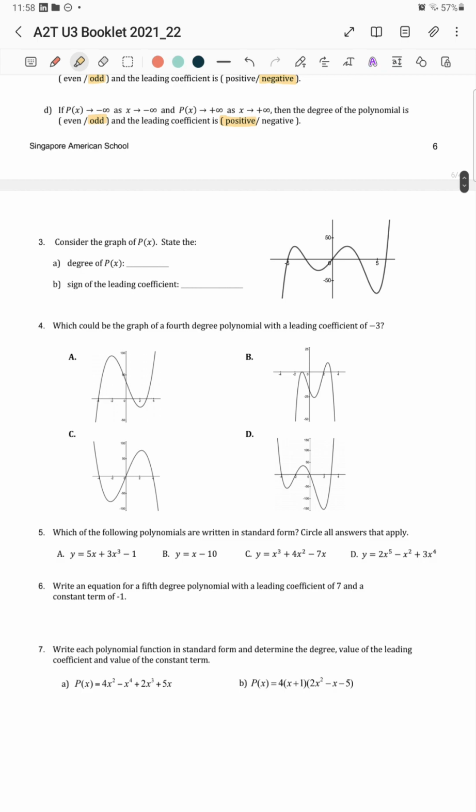Consider the graph of p of x. State the degree of p of x: 1, 2, 3, 4, 5. Sign of the leading coefficient: an increasing trend means positive, which could be the graph of a 4th degree polynomial with leading coefficient negative 3. So a 4th degree polynomial, it's 1, 2, 3, 4.